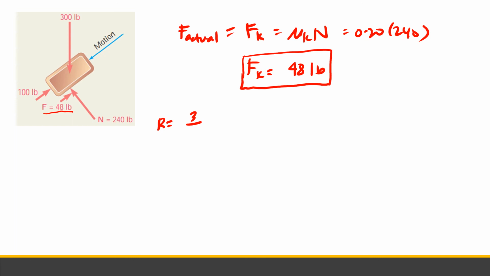That is 3 over 5 times 300 minus 100 pounds. These are the forces along X: minus 100, minus 48, equals 32 pounds.